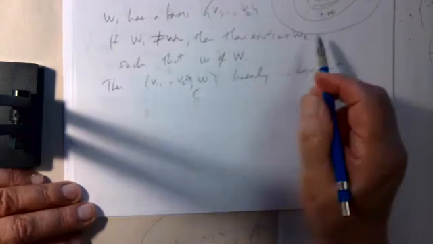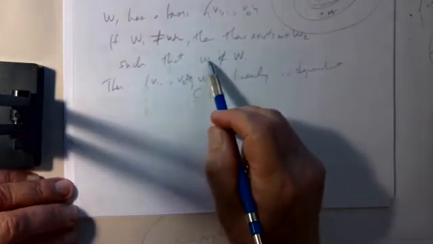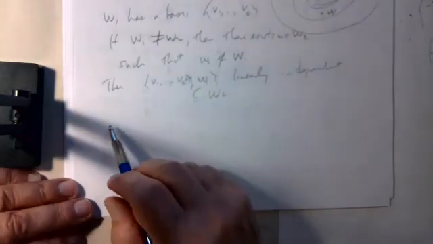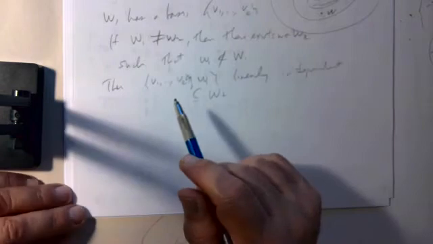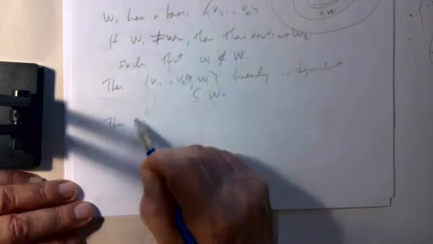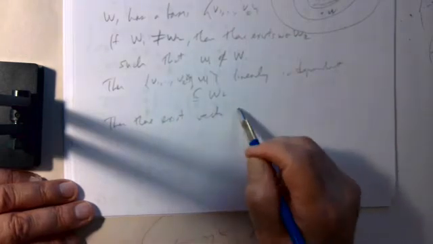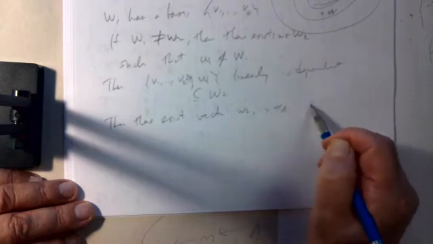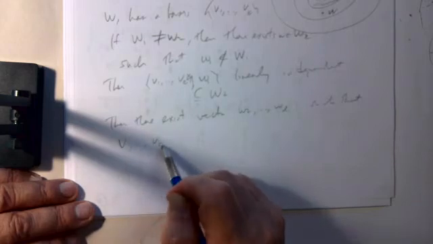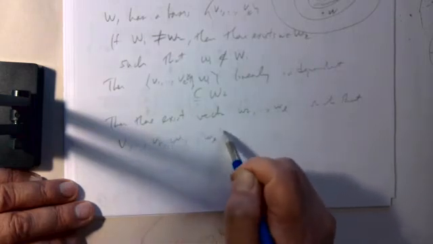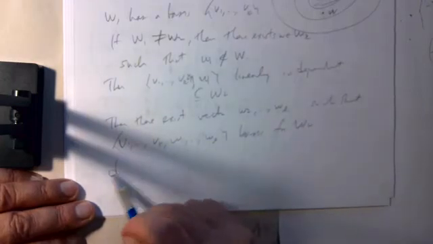And this is contained in the bigger space W2. And we also proved if you have a linearly independent subset of a vector space, you can add vectors to get a basis. So then there exist vectors W2 up to WL such that V1 up to VK and W1 up to WL is a basis for W2.